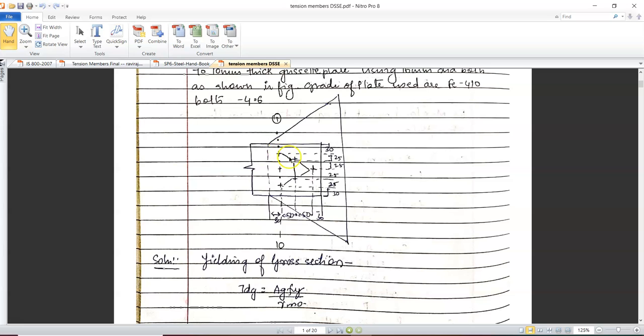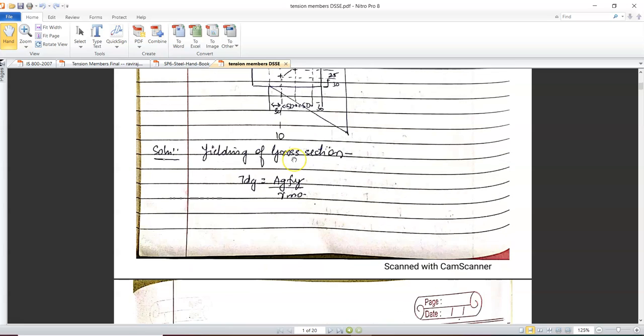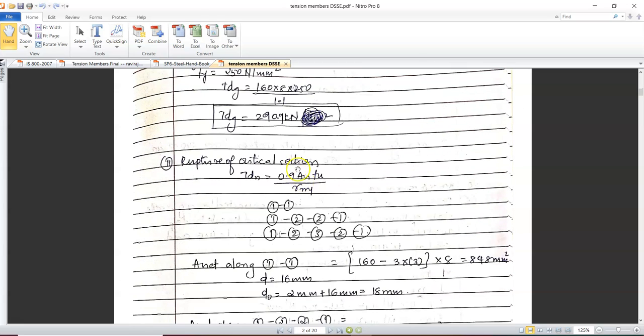Your rupture may also take place across this cross section. For all these 4 sections, that is 1-1, 2-2, 3-3, then 1-2-3-2-1, net areas are calculated. The least of those 4 net areas will be substituted in the formula to calculate design strength due to rupture of critical section.